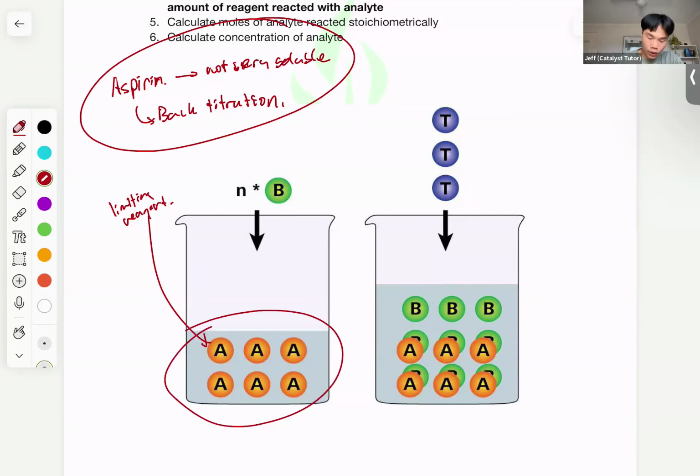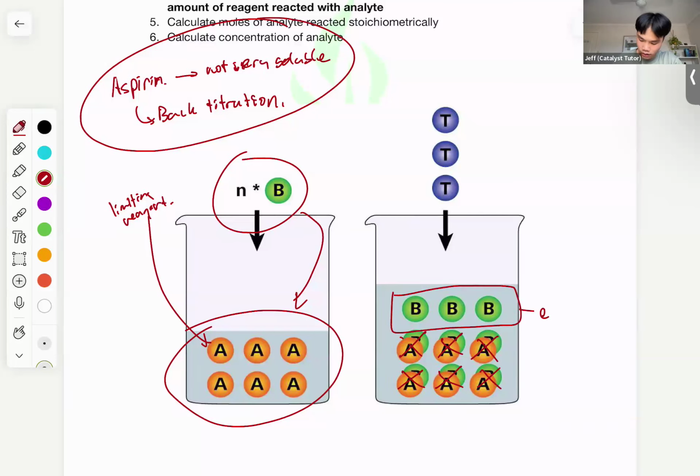So here, if we only had 6 acid molecules and we placed in a known amount of base, an excess, here we have 9 base molecules, you have 3 excess. All of this acid and base would get neutralized, leaving behind an excess of base. And that excess of base is what you actually titrate in a back titration.